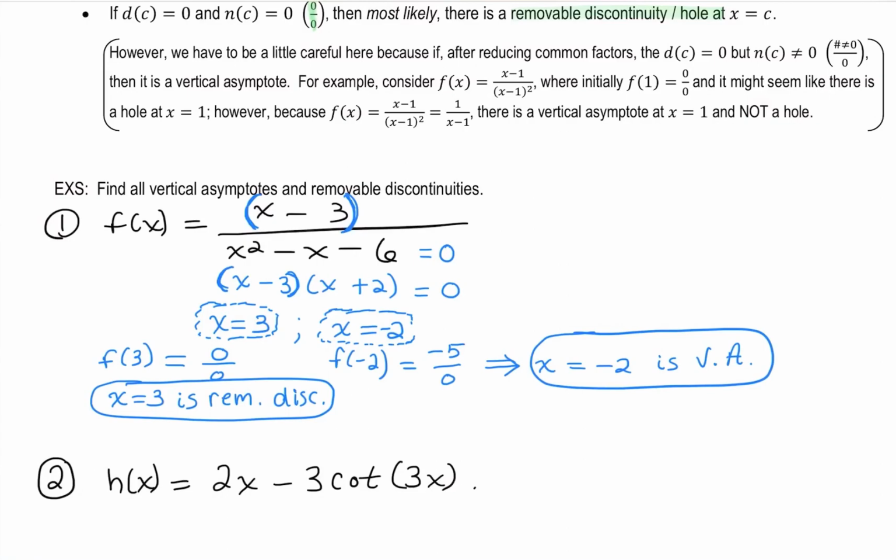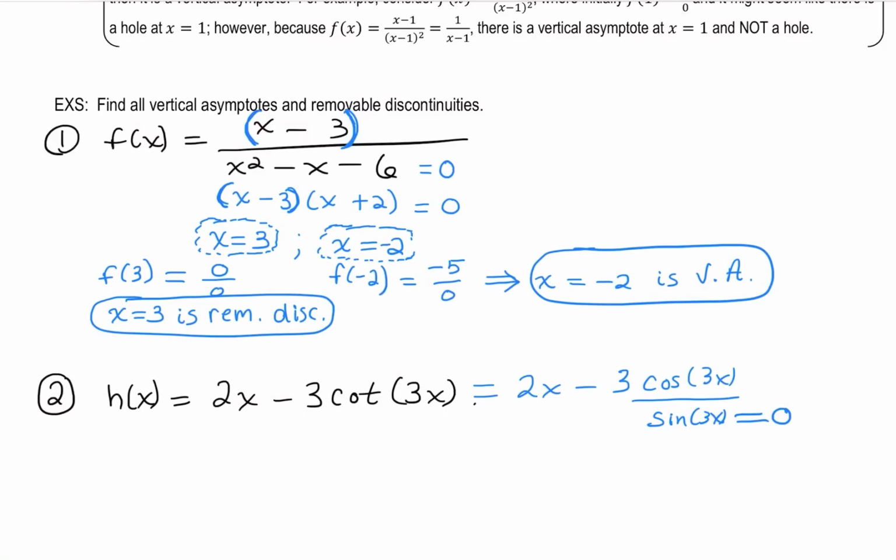And so 2x, there's nothing to worry about there. But of course, the cotangent of 3x, this I do need to worry about, because that's really cosine of 3x over sine of 3x. And I do need to be concerned about where that denominator, sine of 3x, is going to go to 0.